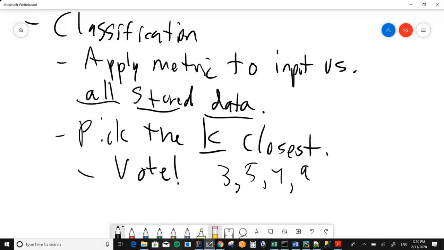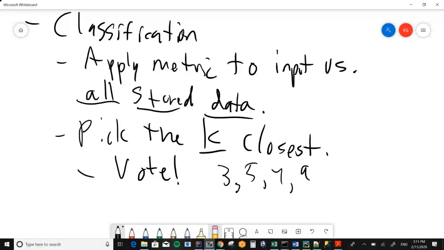If I look at 3 samples, I can either have all 3 say positive, I can have 2 say positive, in which case I say it's positive, or I could have 2 say it's negative, or 3 say it's negative, in which case I spit out a negative. If I set k equal to 4, I could have a case where 2 say positive and 2 say negative, and that's ambiguous.